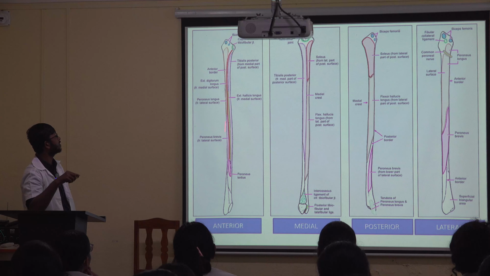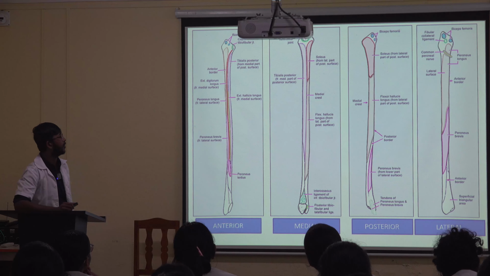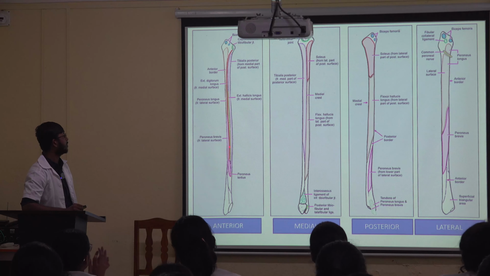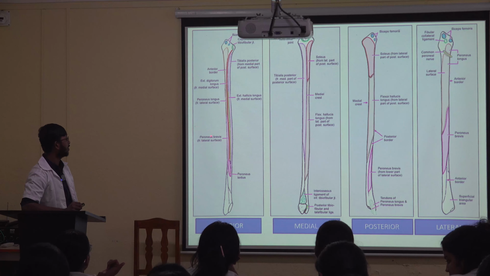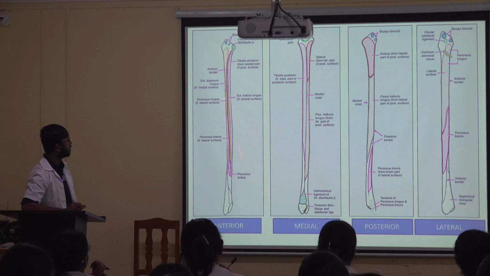On the lateral surface, more than half is taken by the peroneus longus. So the lateral half of the fibula is the origin for peroneus longus, and just below it is the origin for peroneus brevis. Only biceps femoris has an insertion; its origin is somewhere else, it is inserted in the fibula, and all the other muscles have their origin from here.